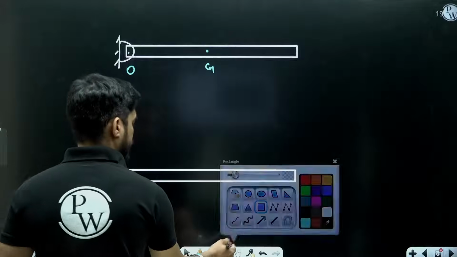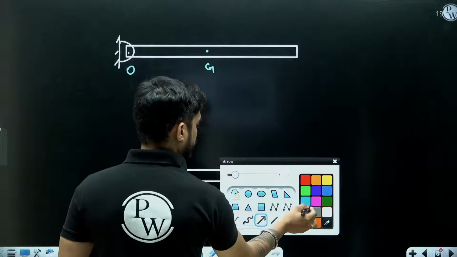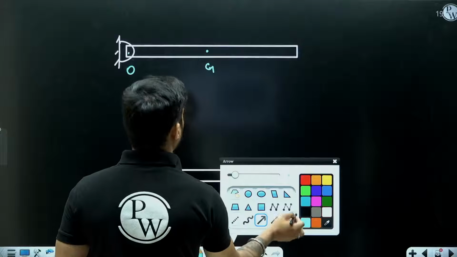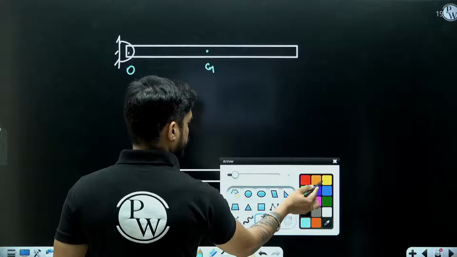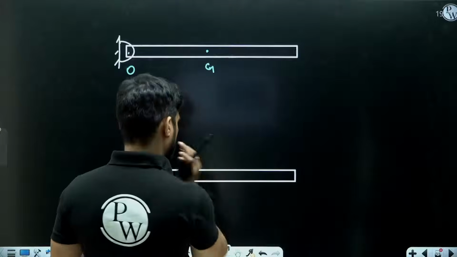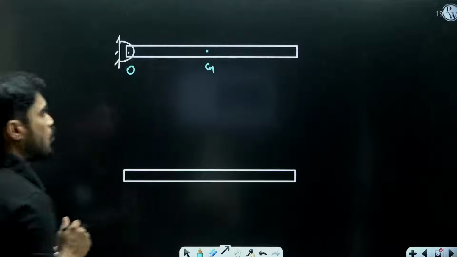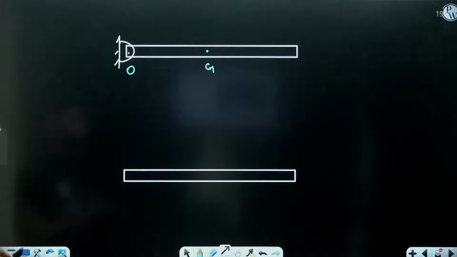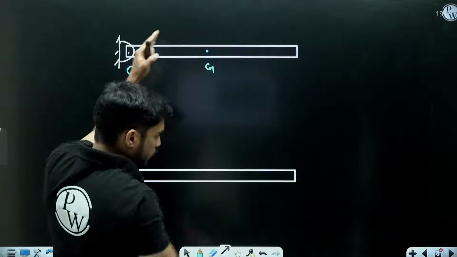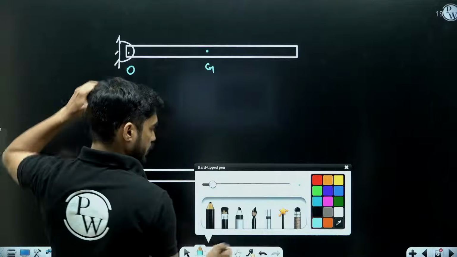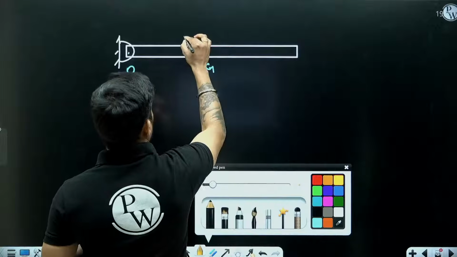Here you will mention the directions of acceleration. Now what will be the direction of alpha? See, this rod is moving like this, clockwise, na? Alpha will be clockwise here.